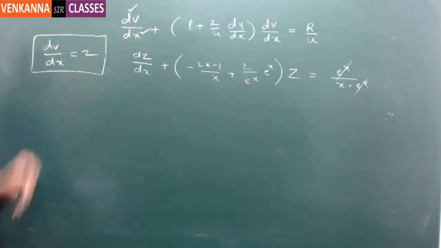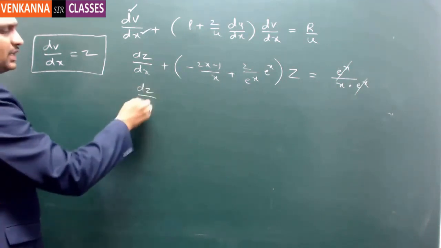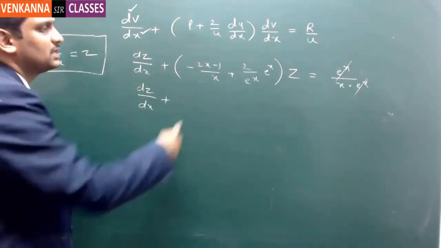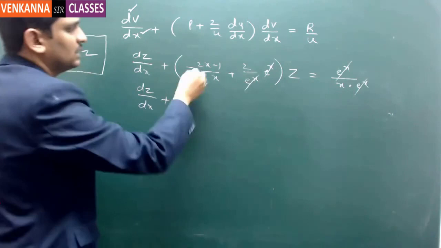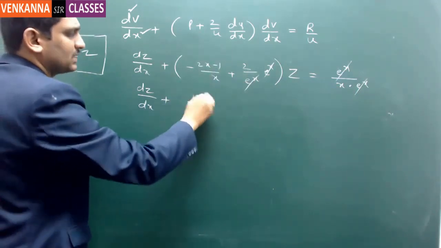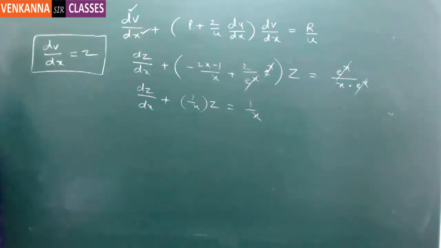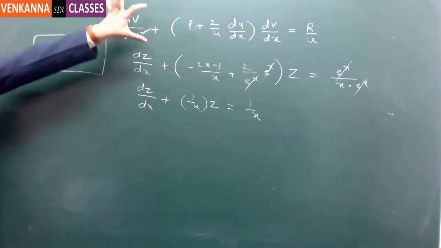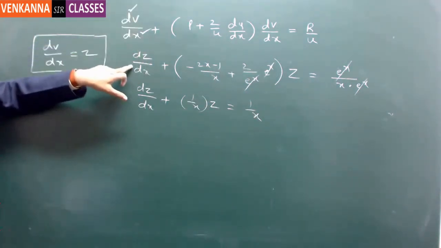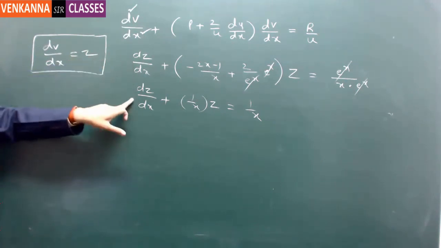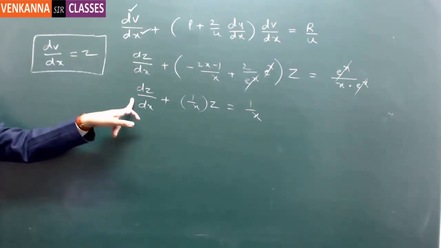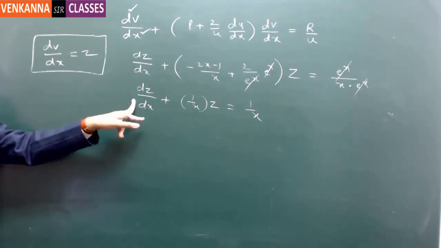Now here it will come as dz by dx plus this gets cancelled and this will be 1 by x of z is equal to 1 by x. Now, after applying this formula, usually the result will be either variable separable form or linear equation form.